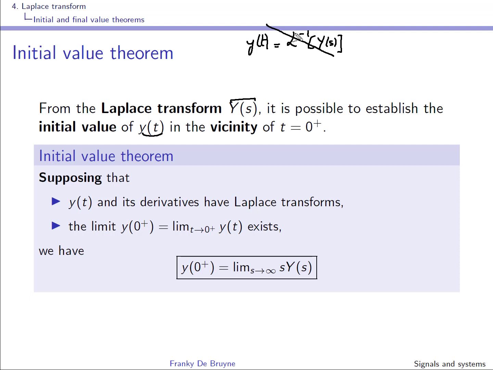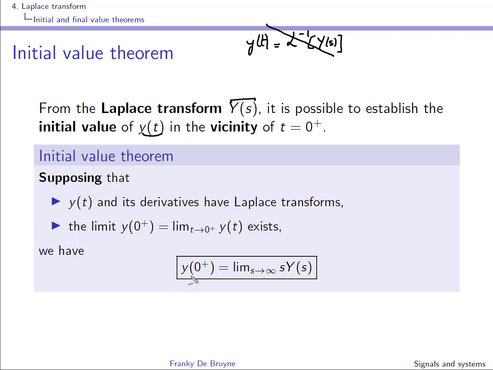So there is a theorem that tells you how you can obtain the value of y in the vicinity of 0. Here we assume that y of t and its derivative have Laplace transforms. These are the assumptions. Then the limit when t tends to 0 plus, slightly to the right of 0, we assume that this limit exists, and when it exists, it can be obtained as follows.